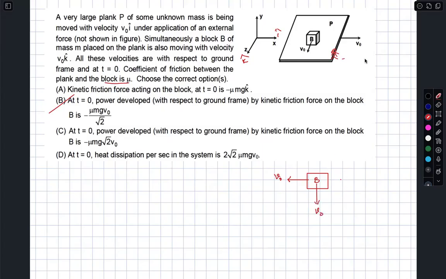This is with respect to the observer attached to the frame of the plank. Therefore, what is the direction of relative velocity? This is the direction of relative velocity.